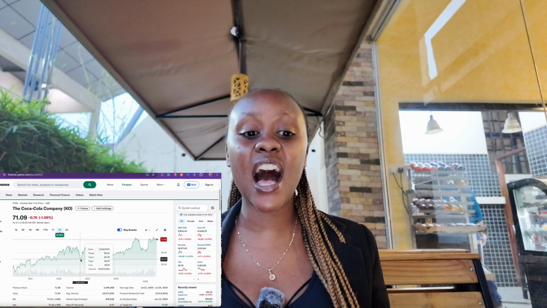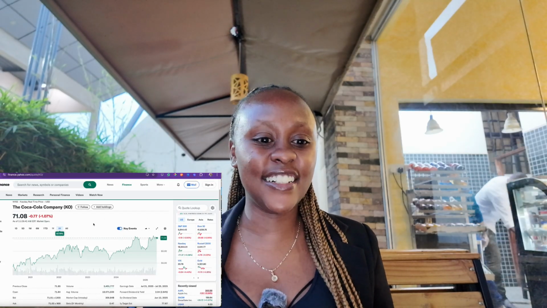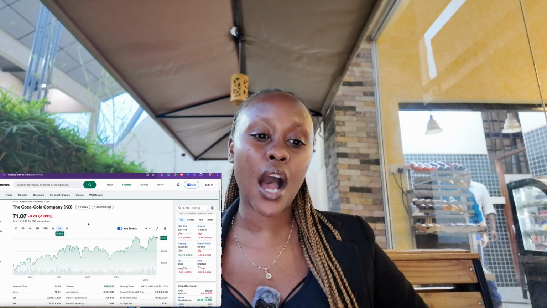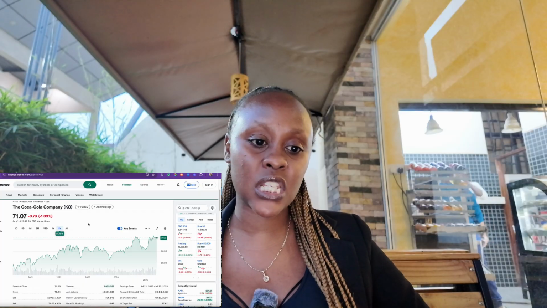Another one is the 5-year chart, which will essentially tell you whether this company's share price is going up or down. But over the long term, they essentially go up. For the 5-year chart, you can see that Coke is up by 57.79%.